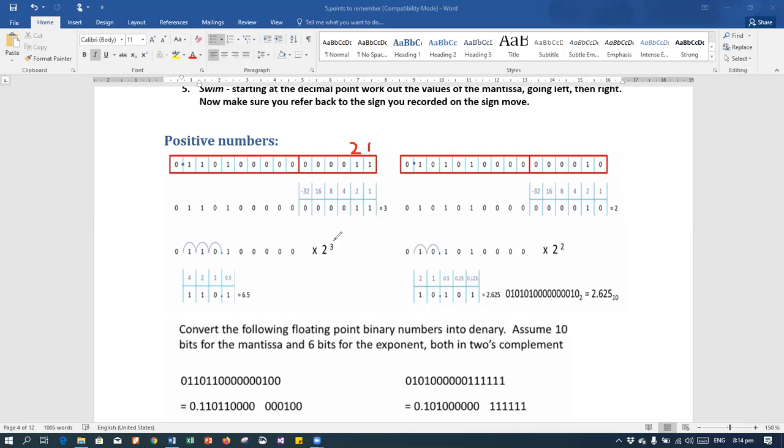So 2 plus 1, 3. It has got 3 exponent. Having positive 3 means the decimal value should be moved from left to right. So when we move it, this is the fixed decimal point that would further be moved 1, 2 and 3.